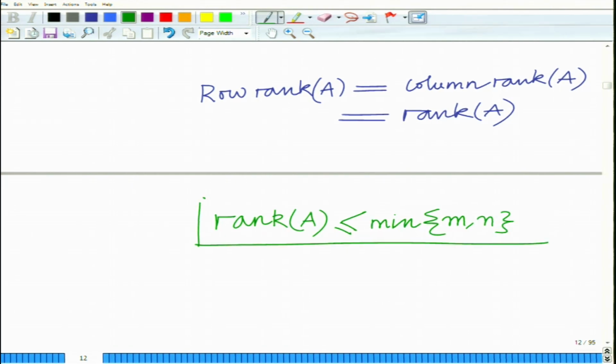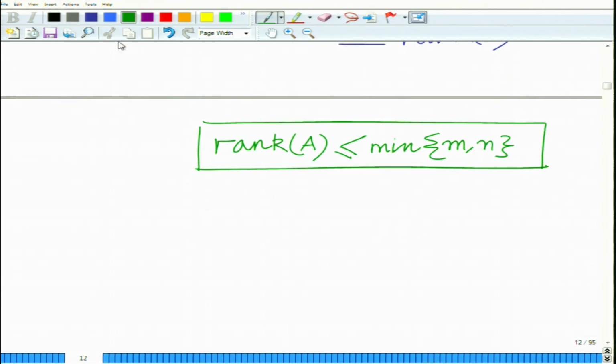So, the rank of A is less than or equal to the minimum of m comma n, where m, remember, is the number of rows and n equals the number of columns.